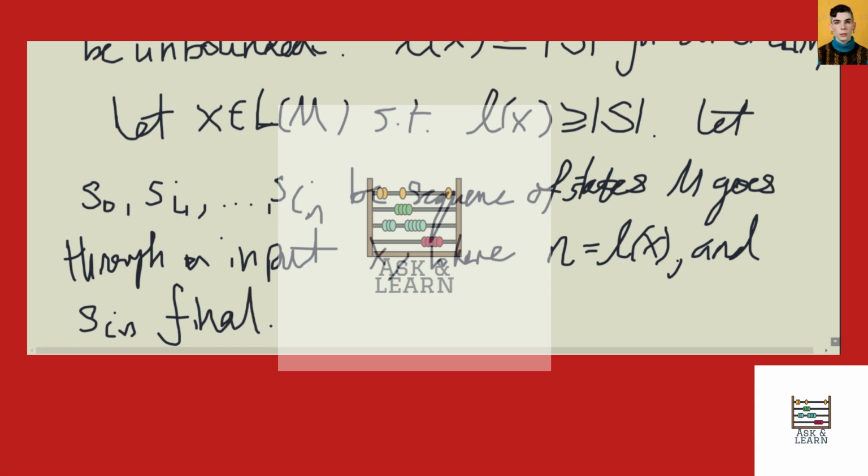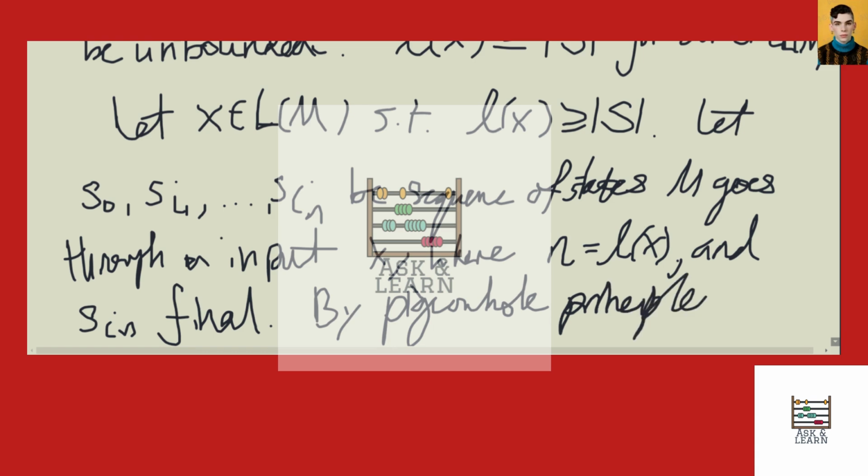Now, we see that by the pigeonhole principle, some state occurs twice in this sequence. This is because the number of states in the sequence is going to be the length of x plus 1, which we know is strictly greater than the number of states in the machine.